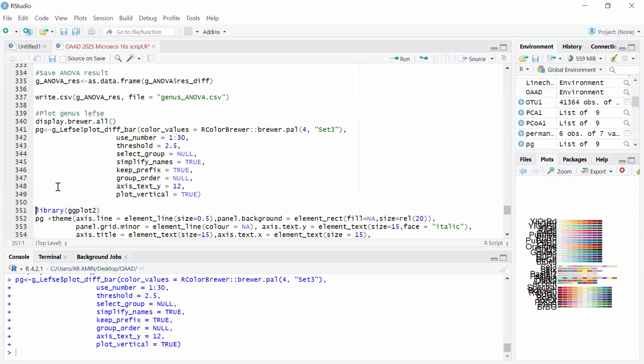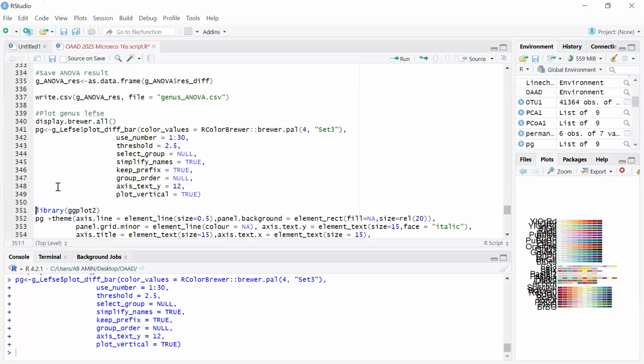If you use ANOVA, can you also plot the ANOVA table? Yes, you can plot the differential abundance for ANOVA. You can use a box plot or anything you want.